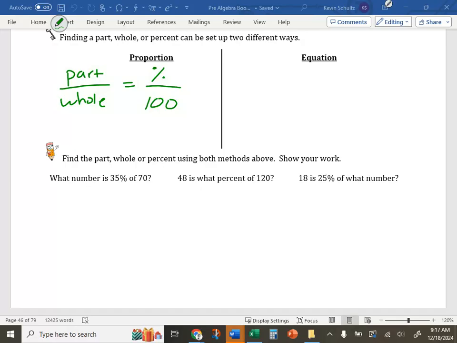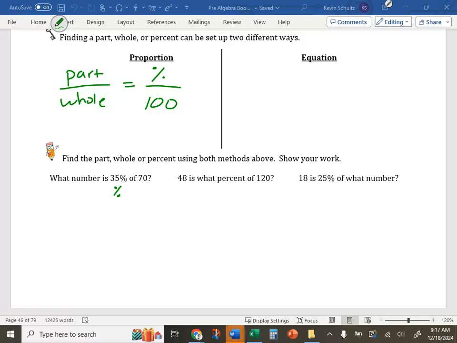Okay. Anyway, so what number is 35% of 70? In order to set up a proportion, we've got to know what we're solving for, right? So we're still going to identify what is the part, what is the whole, what is the percent. Sawyer, what's our percent? 35%. Good. Okay. 70.